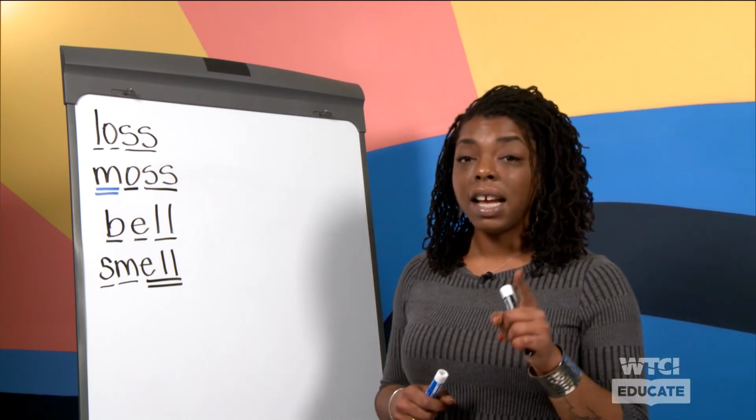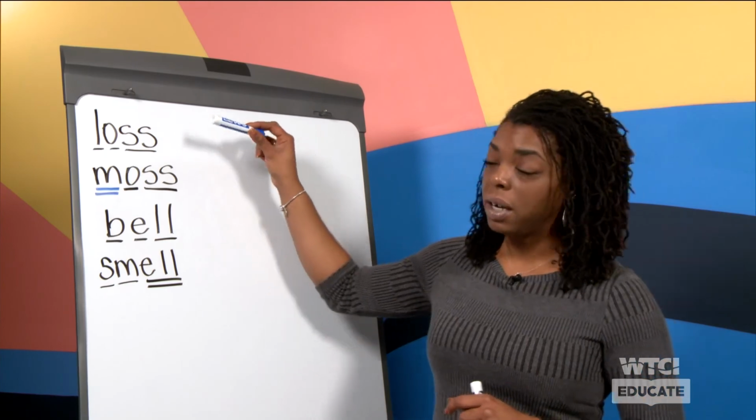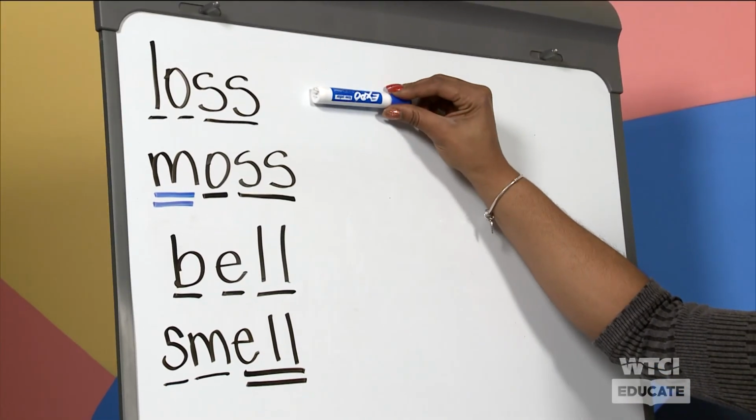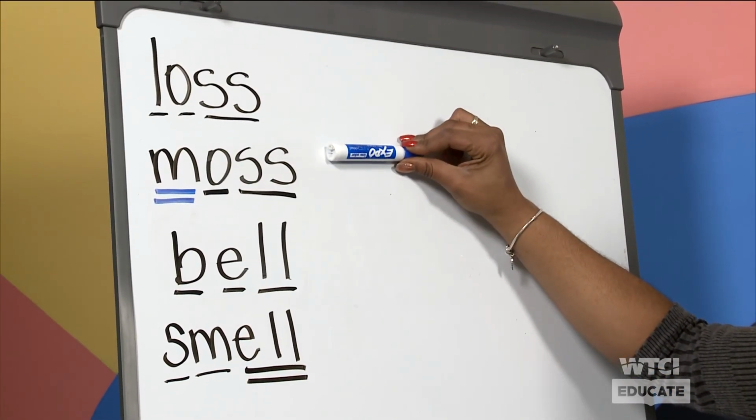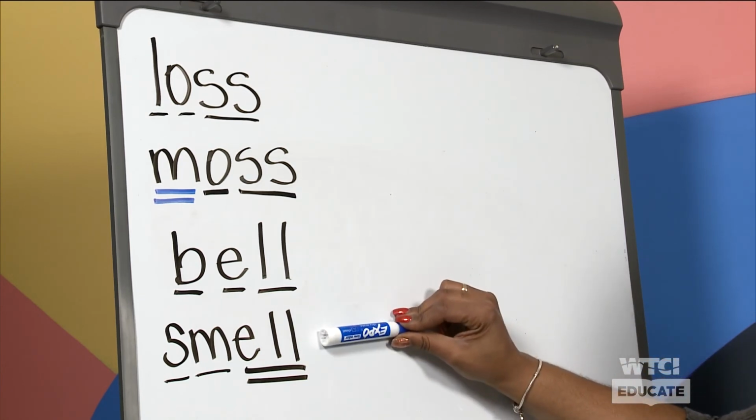All right, let's take some time and read these words together. Start at the top of your paper. Loss, moss, bell, smell. Got it?